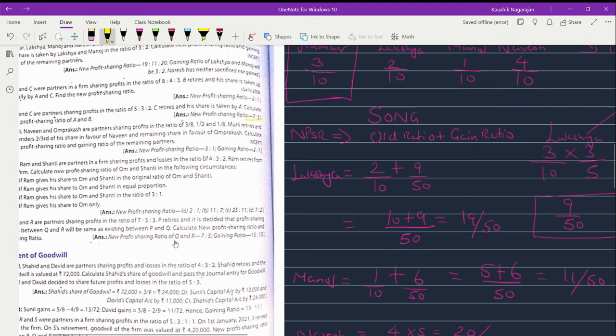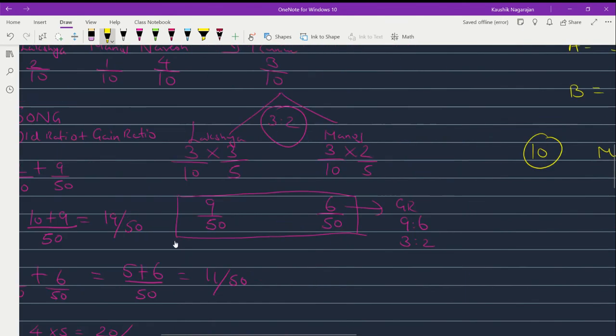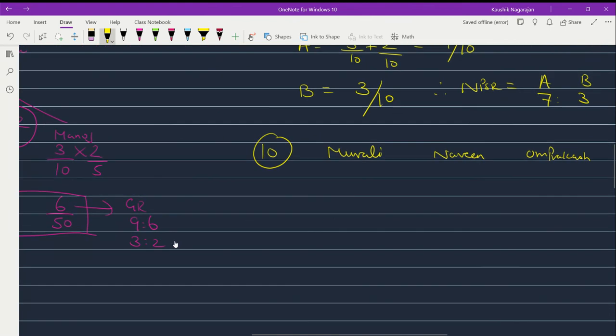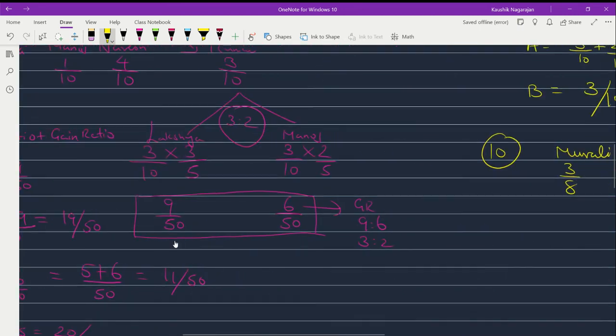There are three partners. What is the profit sharing ratio? It is given in fractions: 3 by 8, 1 by 2, and 1 by 8.